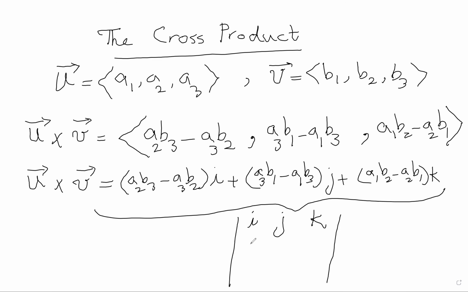The second row is vector u, which is a1, a2, a3. And the third row is vector v, which is b1, b2, b3. If you expand the determinant, you will get this formula.